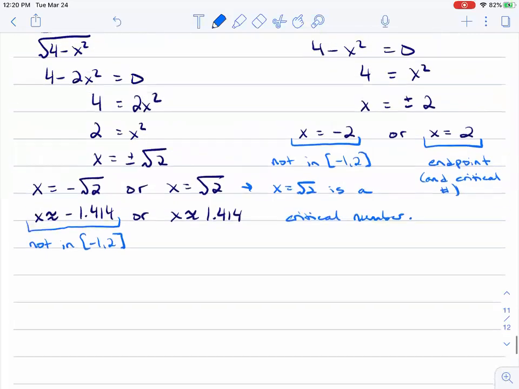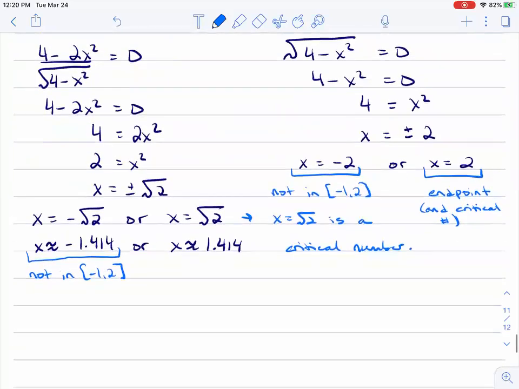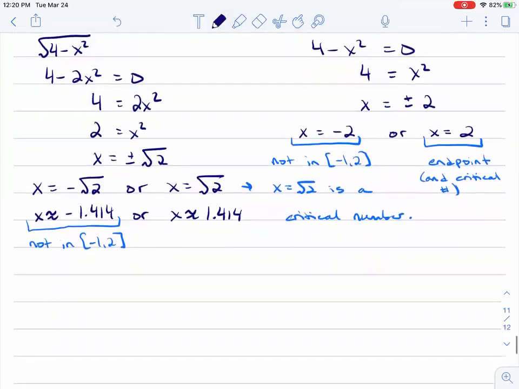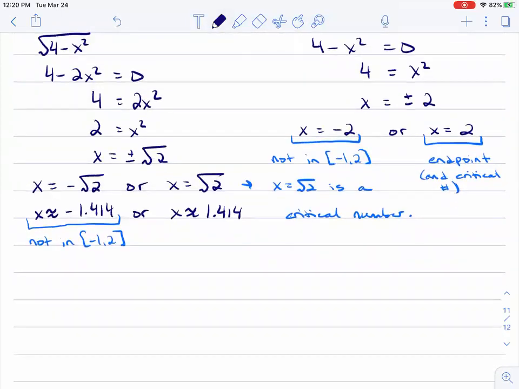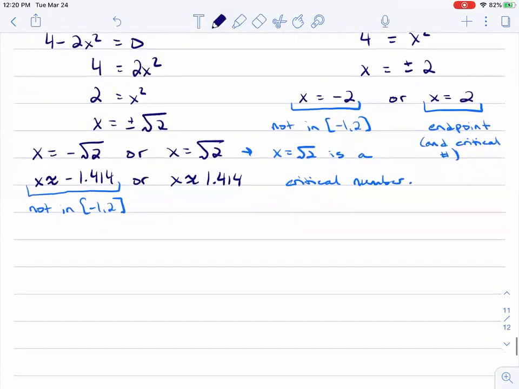But what we said, right, in our list is the critical numbers are on the open interval, so not including those endpoints. It's not really important. You're going to evaluate it at the endpoint anyways. But the critical numbers that we're interested in are just the ones not including the endpoints.